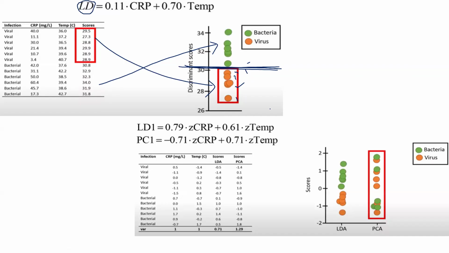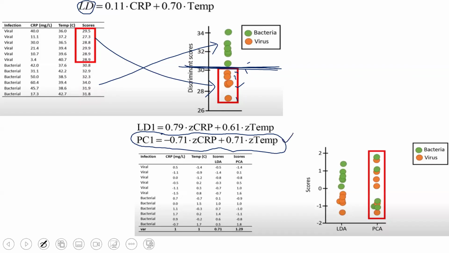Now to compare PCA with LDA, this is the PCA equation, the first principal component equation. From this, can you tell me what is the first eigenvector? I'm saying this is the principal component 1 equation that I have got.